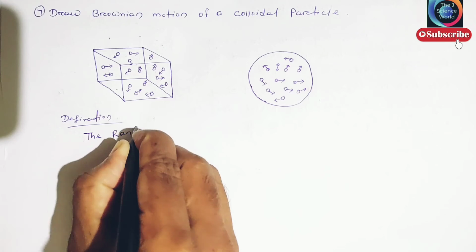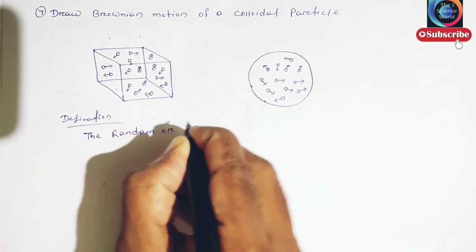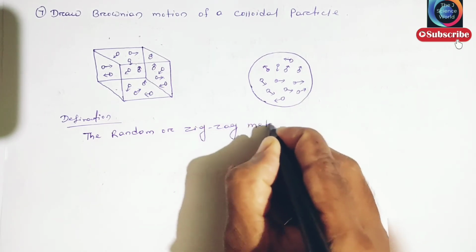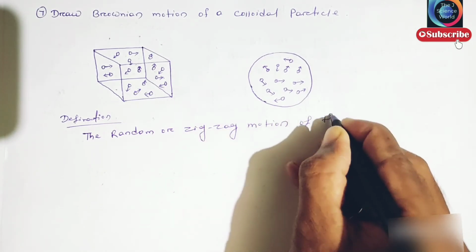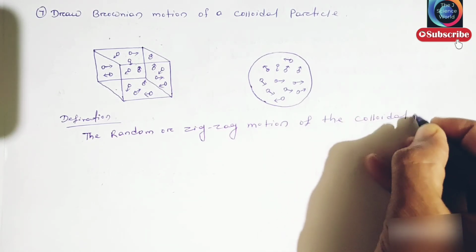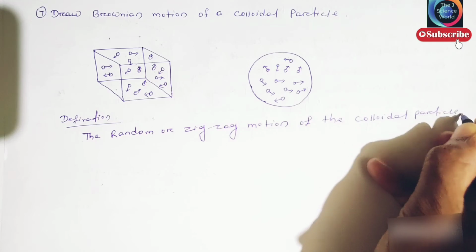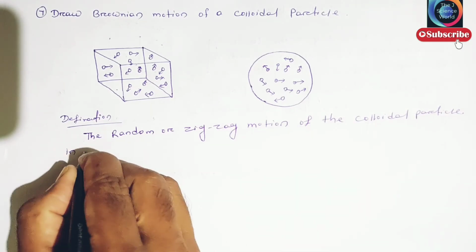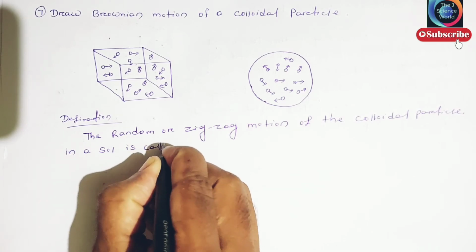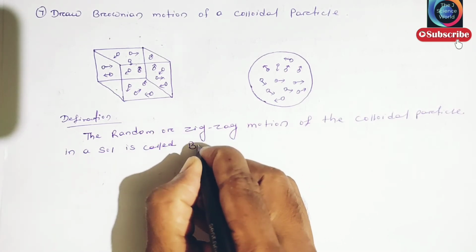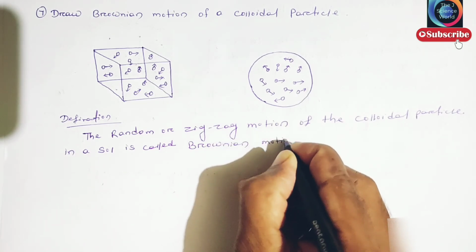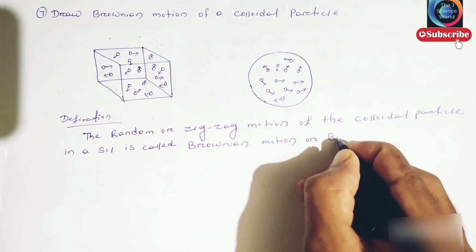The random or zigzag motion of colloidal particles in a solution is called Brownian movement.